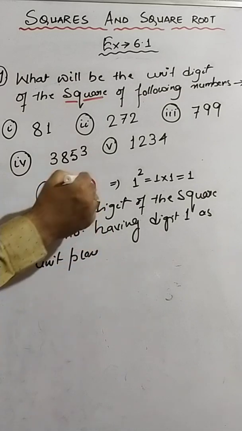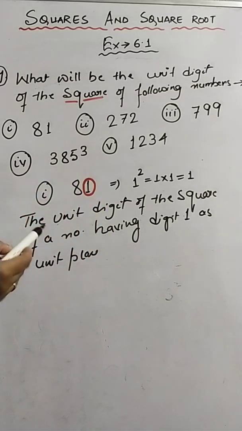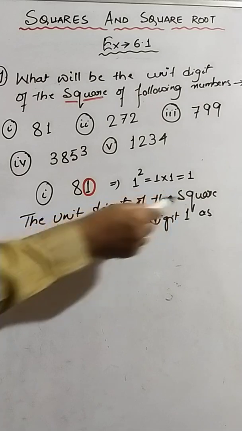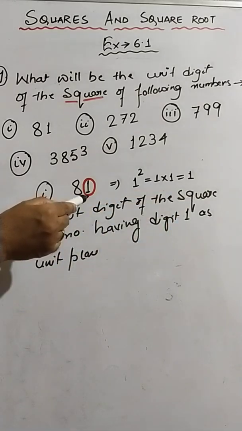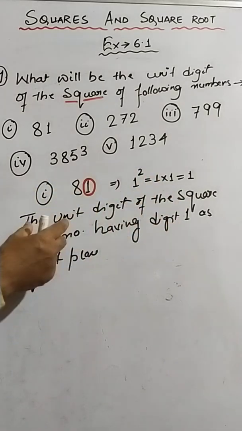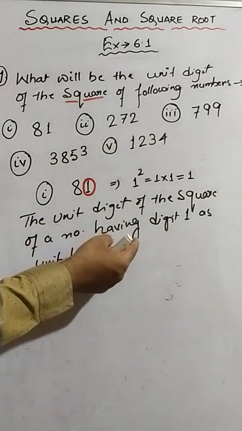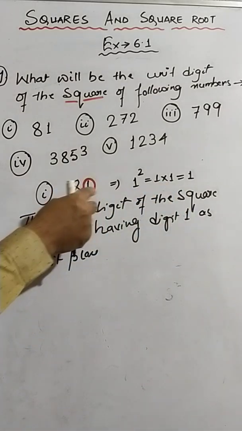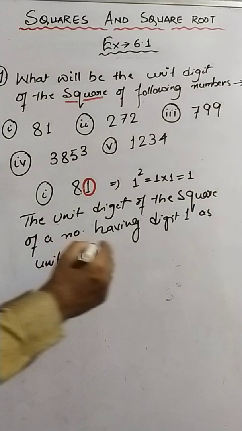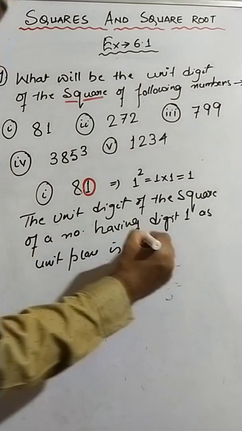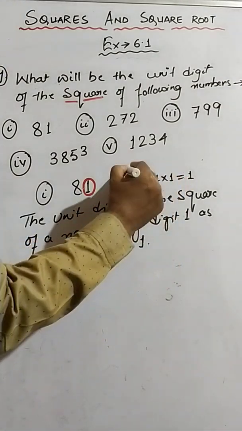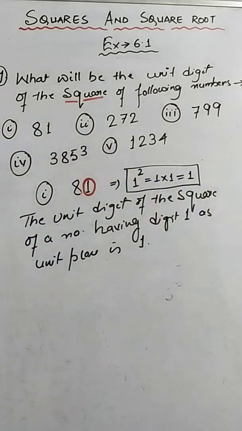That means the unit digit of the result we are talking about. The unit digit of the square of a number having digit 1 in the unit place would be 1 only, because 1 square is 1, isn't it? So the unit digit of the square of the number 81 is equal to 1.